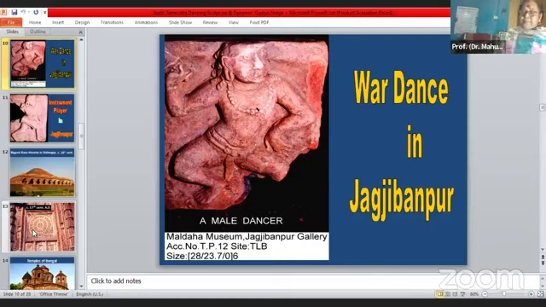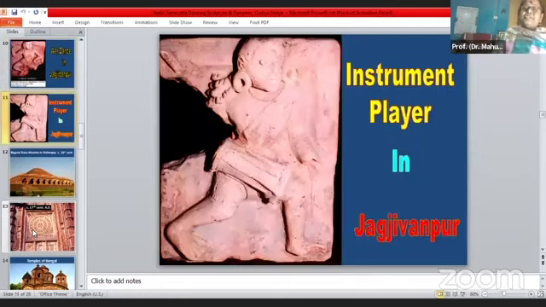Next, please. Again, a drummer is beating a drum. It's an instrument player. Still now, it's prevalent in our Bengal. The dance with drum and again curly hair, a big earring. This drum is hurukka type.